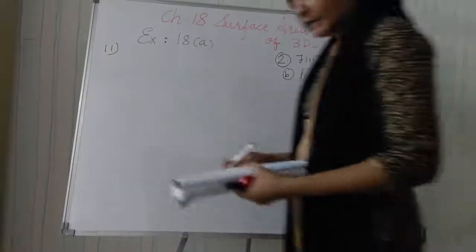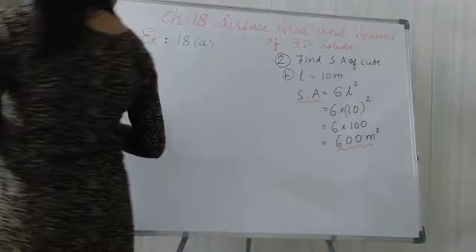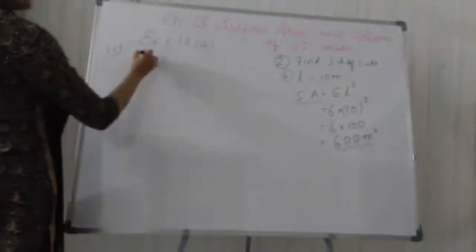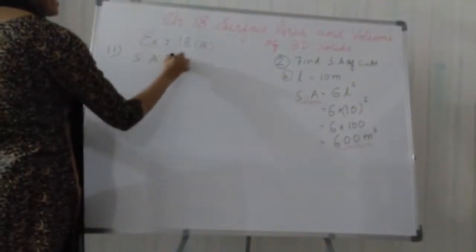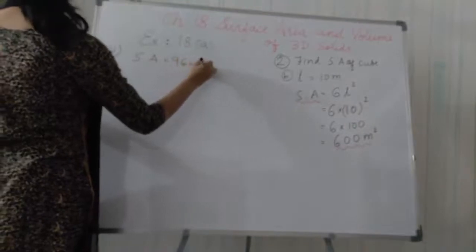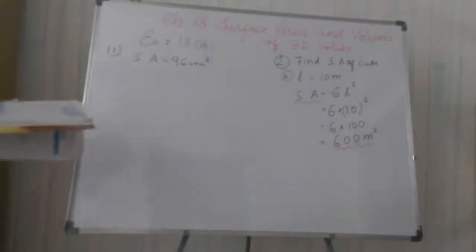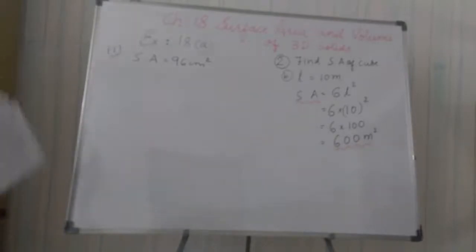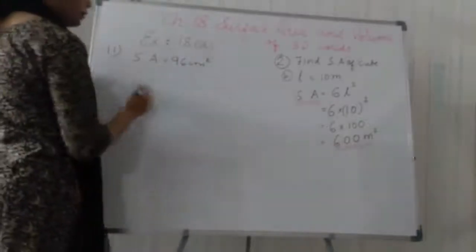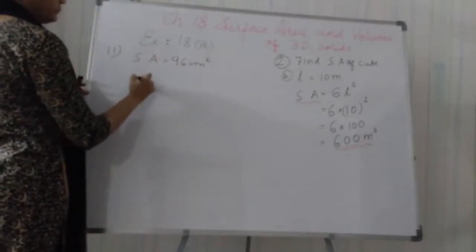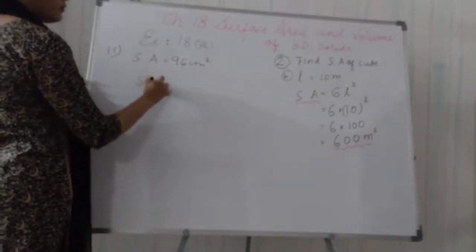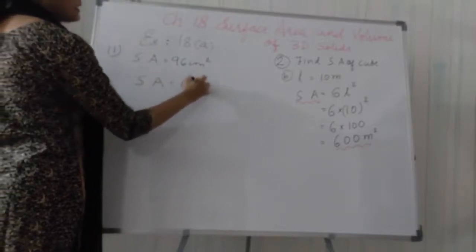Means that 96 centimeter square is the surface area of the cube given to us. Now find the length of one edge of the cube. Means we want to find one edge from this formula.